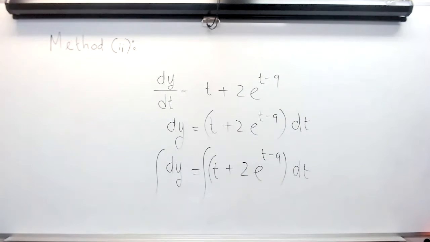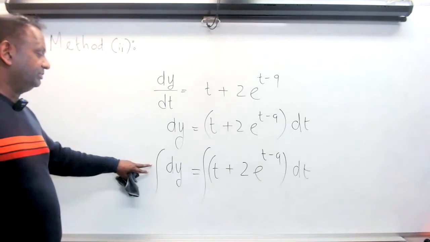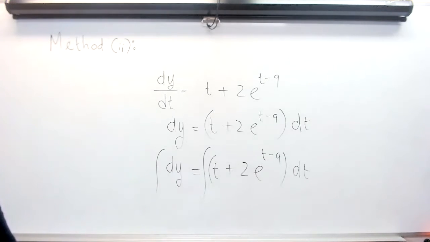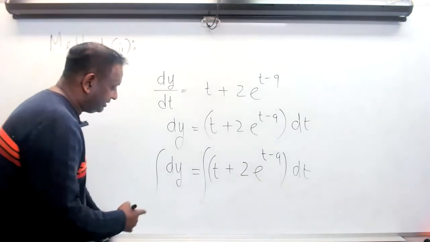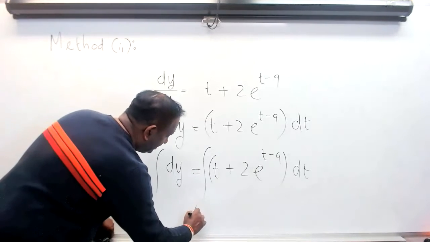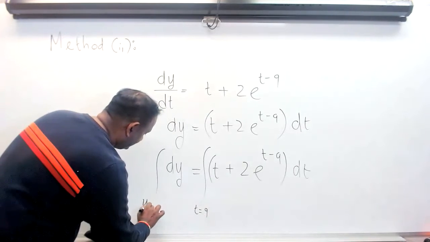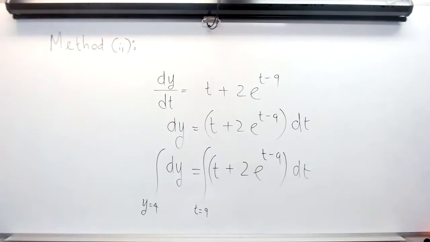So the way that I'm going right now, you don't have to worry about c, okay? Because this is the indefinite integral. So I'm going to convert this to a definite integral by putting in the initial condition. Look at what I'm doing. When t equals 9, y equals 4. Can you remember the initial condition?